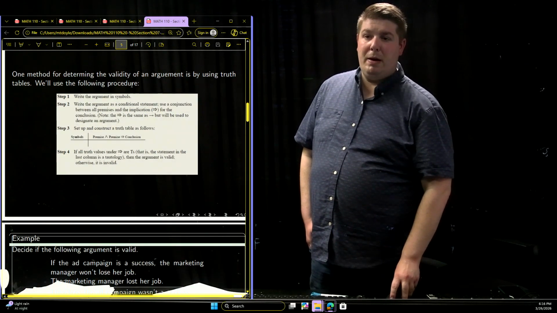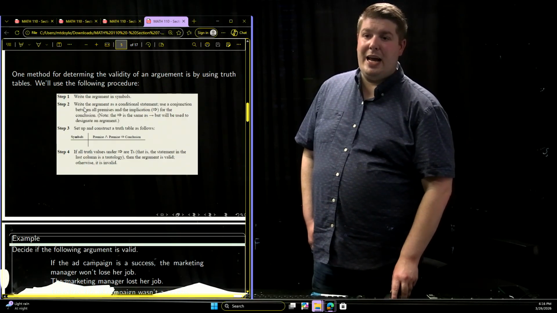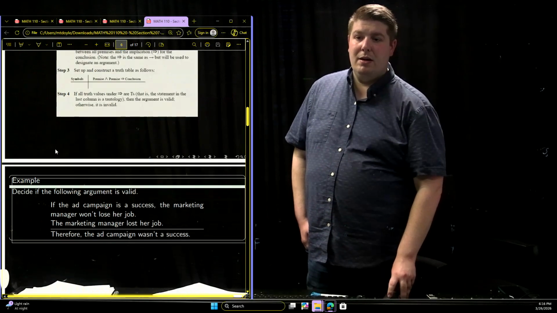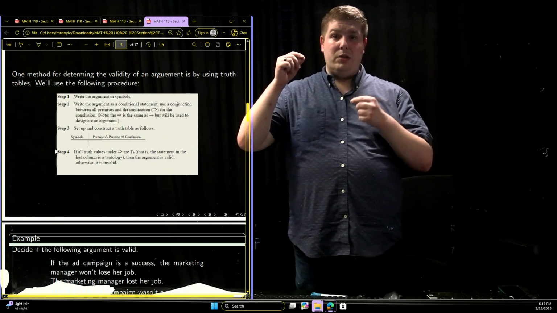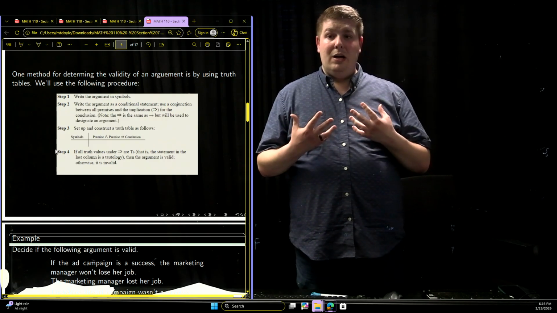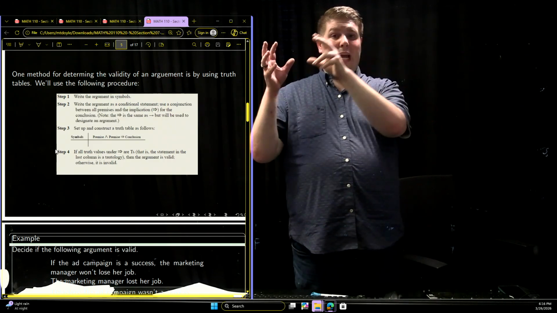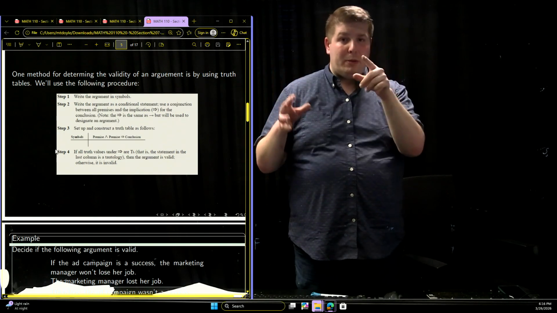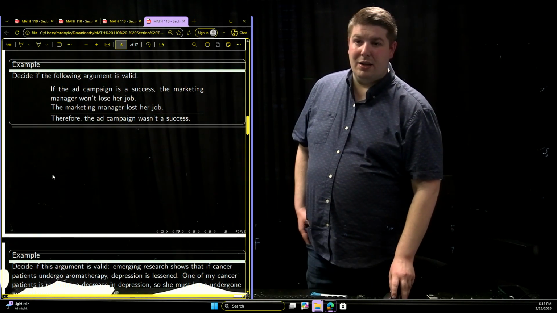So the truth table method. What we do is essentially we take the premises and conjunction all the premises together and make a truth table about it. And then our conclusion, we take all those conjunctions and we draw an implication to the conclusion. All right. I'll show you what that looks like in a little bit.